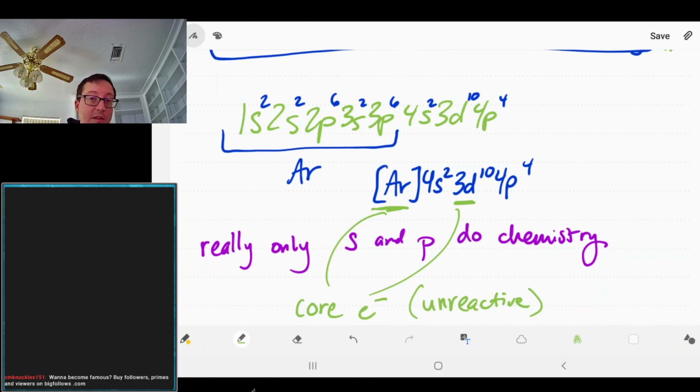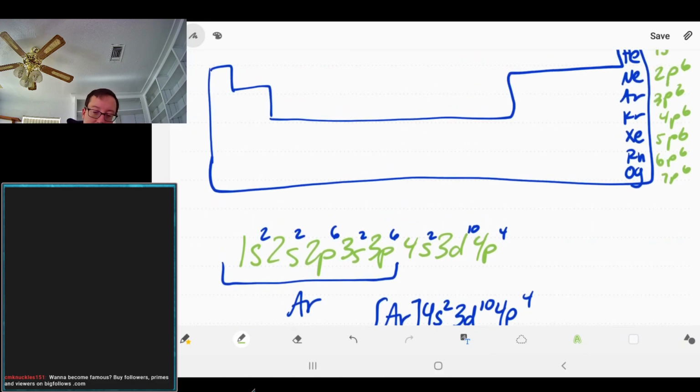And how you'll do these noble gas configurations is you'll find your element. You'll look on the row before it on the periodic table. So selenium is right here. The noble gas right before it, the one on the row above, is argon.